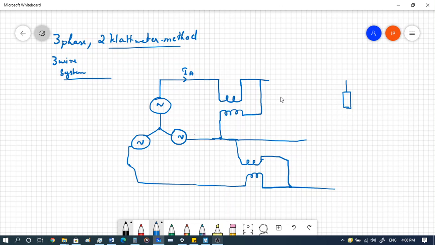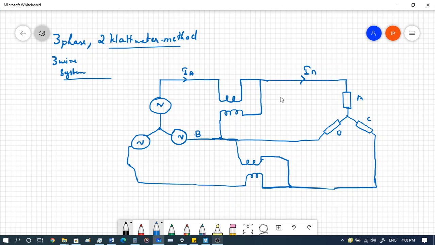So here phase B is our common, and let's say this is A, this is B, and this is our C. So this is the connection that we have done.